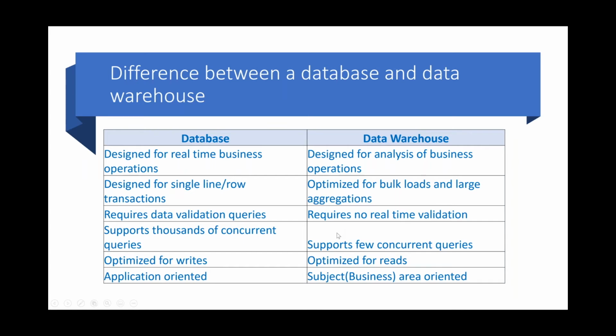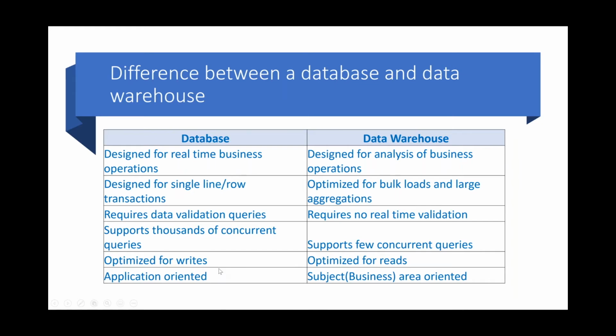When I say small queries, it means targeting 1 or 2 rows or records. But data warehouses are trying to run big scans, and there are not many queries running. There'll be few users running their analytics on a data warehouse, because now they're reading across millions of transactions, trying to work through them.